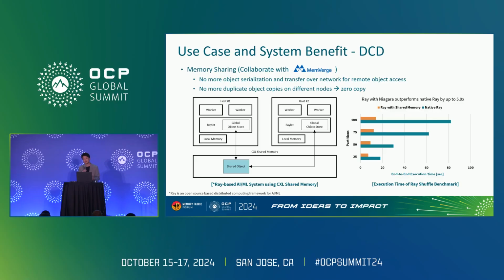And this approach can effectively eliminate the data transfer overhead, resulting in a performance improvement of up to 5.9 times compared to the native Ray. So these benchmark results prove that our DCD solution can effectively enhance the system performance.